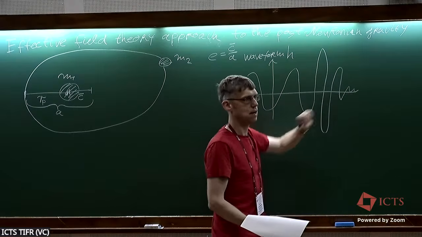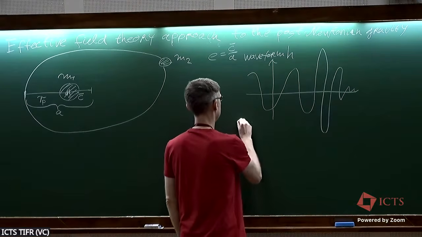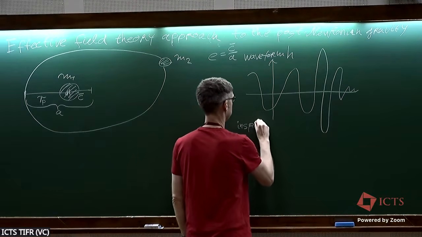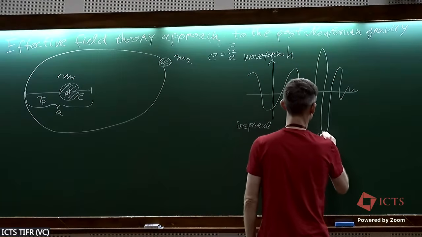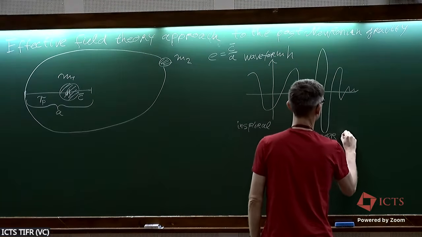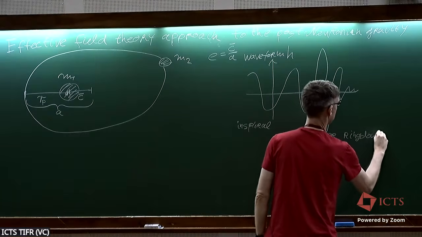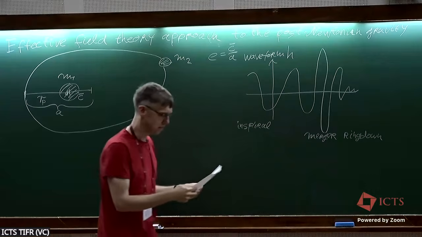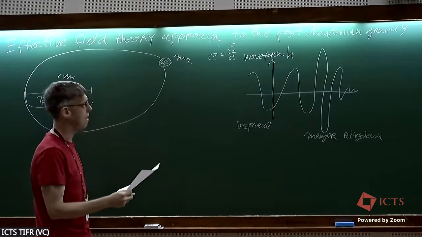That's the last part of the signal. So roughly speaking, we have an inspiral phase early on, then a merger and the ringdown. That's how the gravitational waves emitted by the system look.